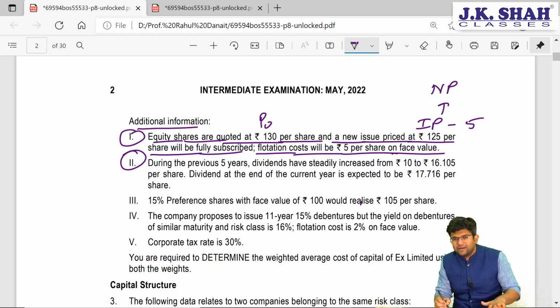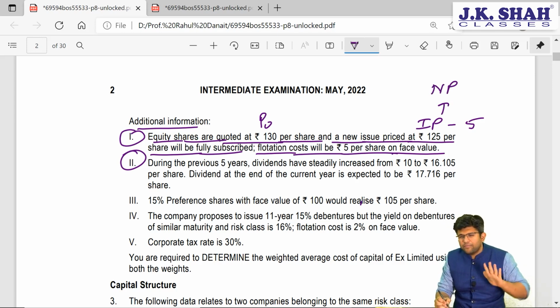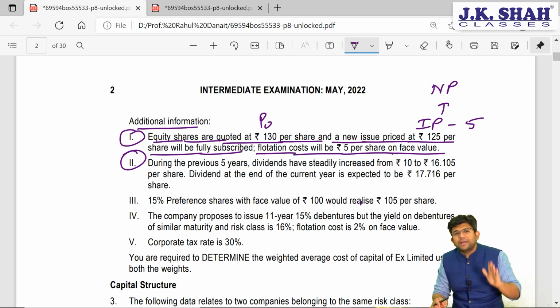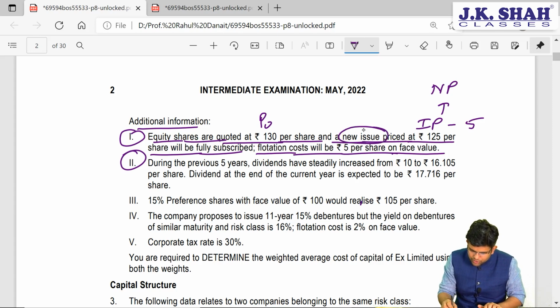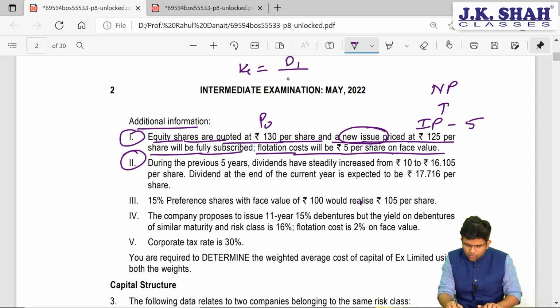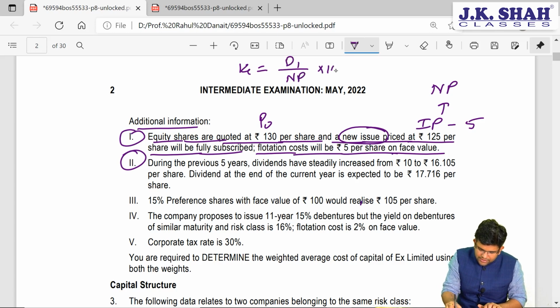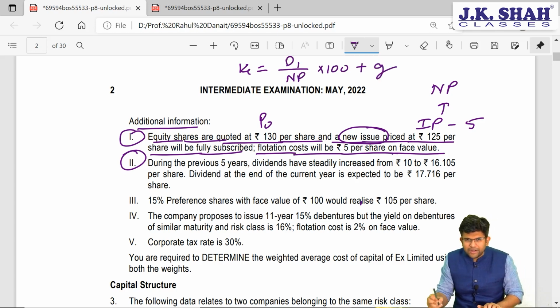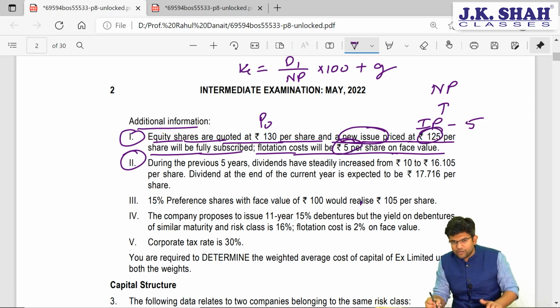Now students, here I would like to tell you one very important point. This is how ICAI does it. Children, if they are having, correct, a new issue, then of course when you calculate the KE using the Gordon's formula, it will be D1 upon not P0 but net proceeds, into 100 plus growth rate, where the net proceeds is nothing but the issue price minus the flotation cost.